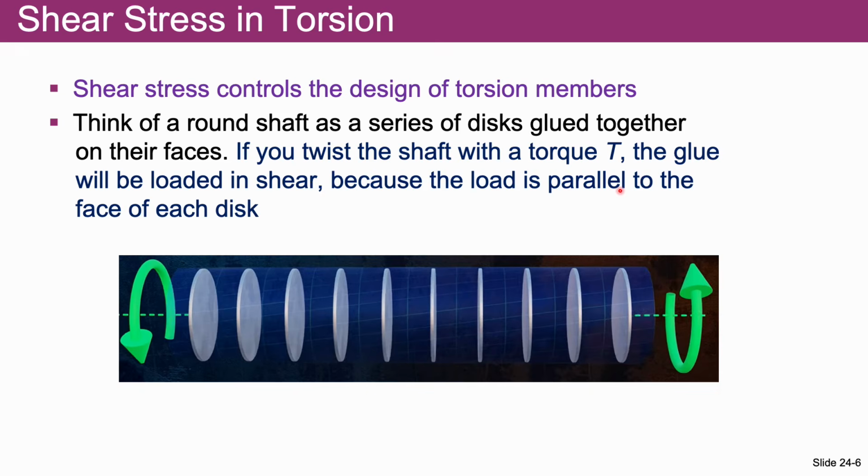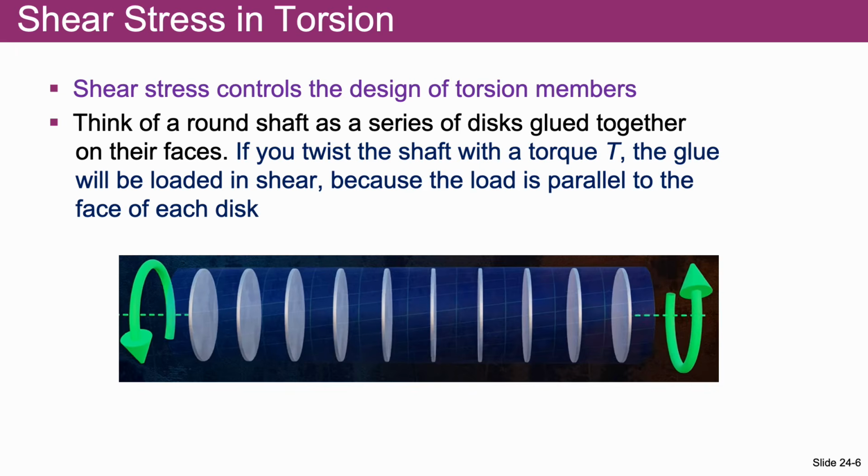Now let's imagine that if you twist this shaft with the torque of T, the glue will be loaded in shear because the load is parallel to the face of each disc. And since the load is parallel to the face of each disc, this means that the type of the stress produced by this load is the shear stress.